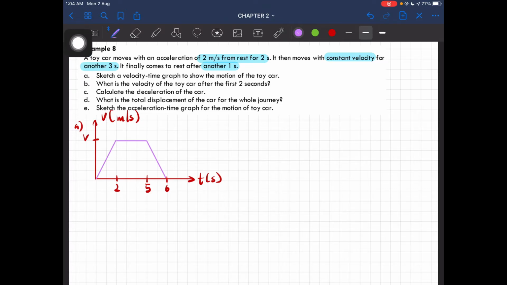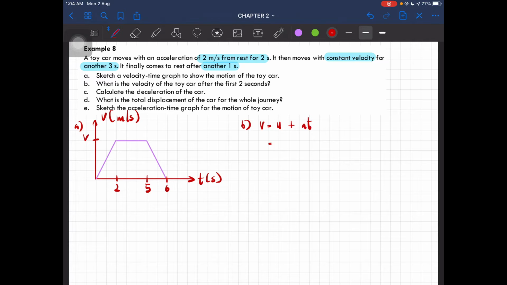Next, what is the velocity of the toy car after the first 2 seconds? So what we can use to calculate this is this formula. You will actually meet this formula in the next subtopic, but we should just use this anyway.